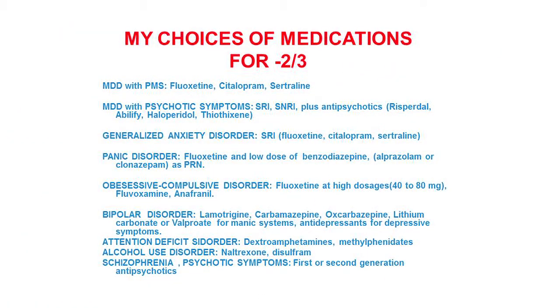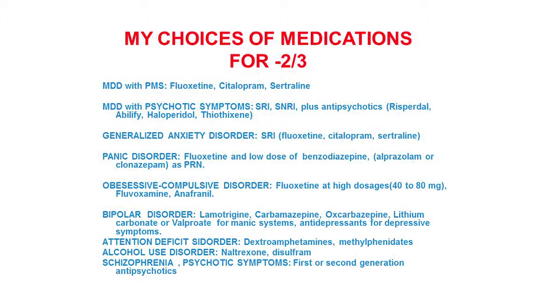Furthermore, patients who have depression with PMS symptoms, again any of the SSRIs should do the job, namely fluoxetine, citalopram, sertraline, but patients who have depression with psychotic symptoms need, in addition to the antidepressants, an addition of antipsychotics such as risperidone, Abilify, haloperidol, or thiothixene.